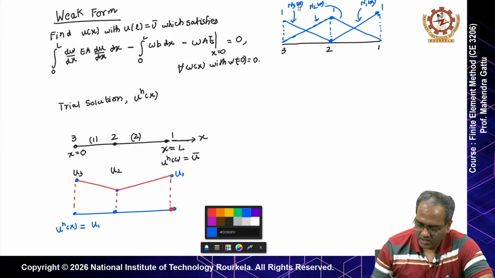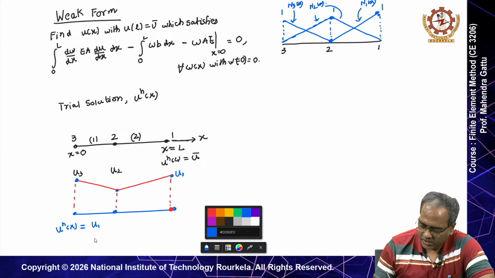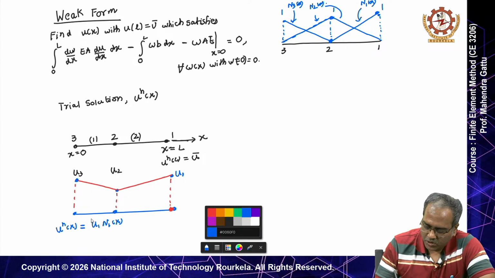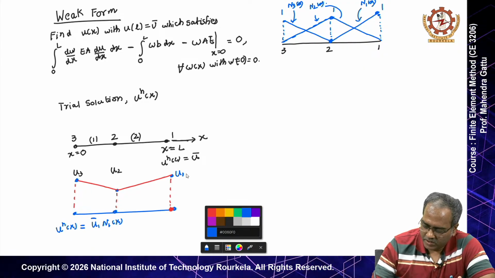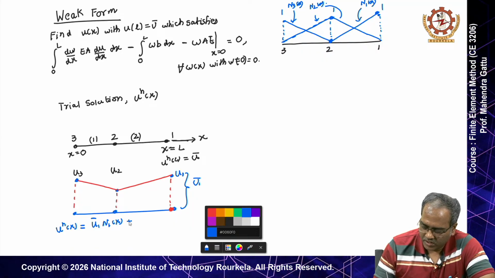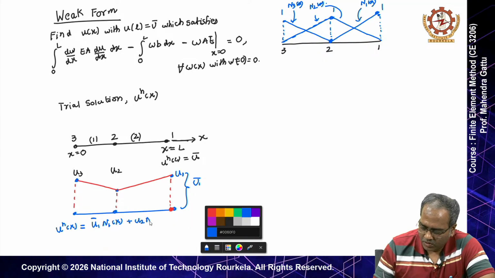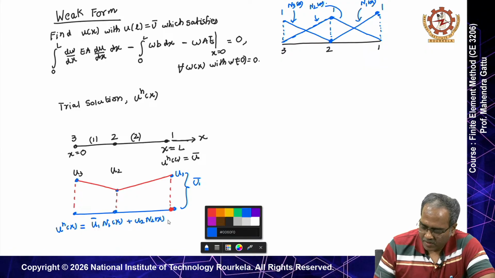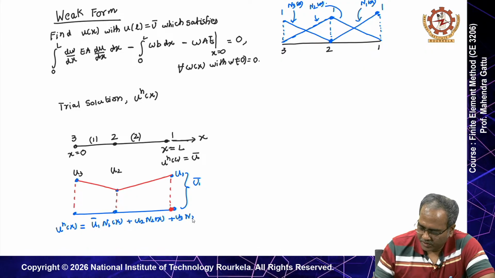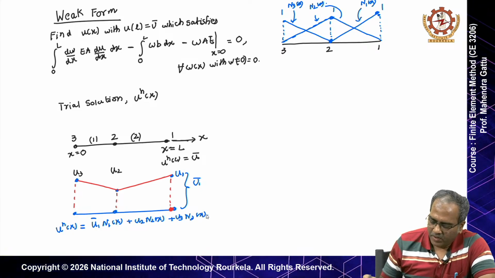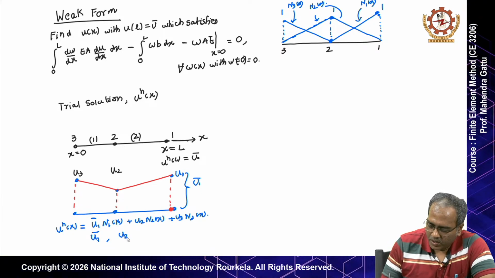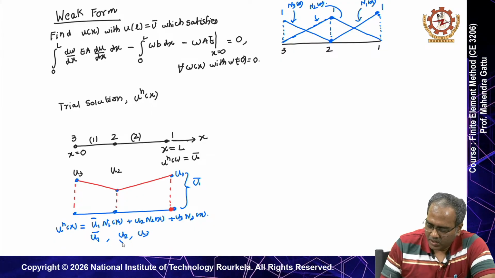So, we can write the trial solution as u1 N1 of x. Actually, it is u1 bar because this value is known, we are fixing it, and then we have u2 N2 of x plus u3 N3 of x. So, in this problem u1 bar is known and u2 and u3 are unknown.